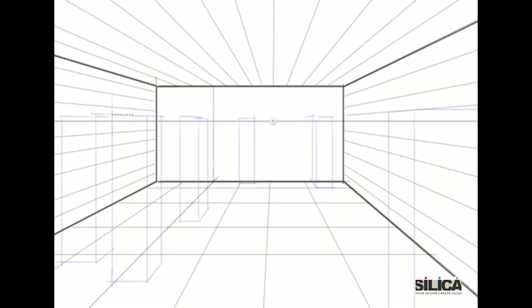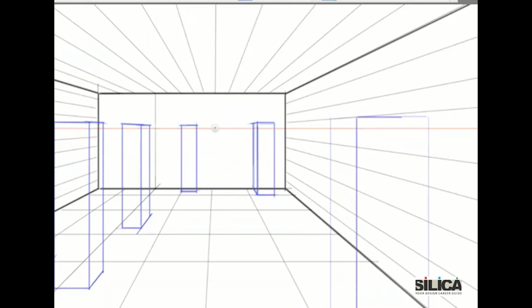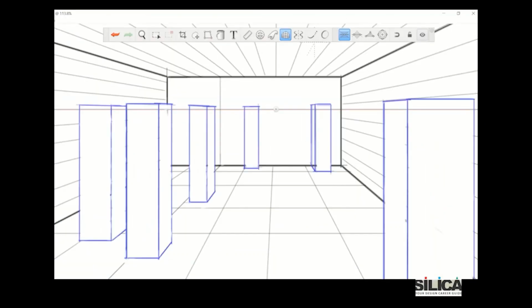I'm drawing darker lines over it just to make it more visible. Now you can see all the cuboids are formed.